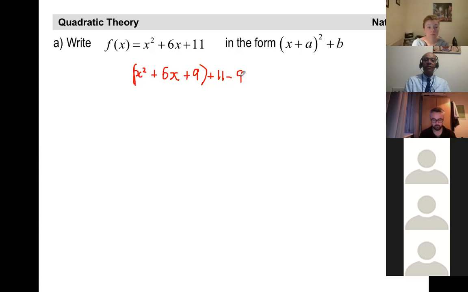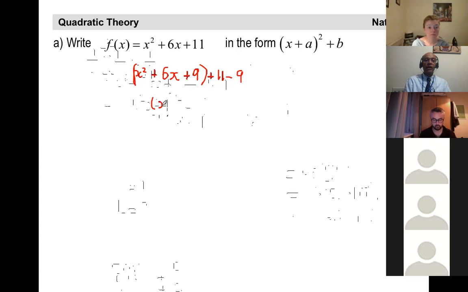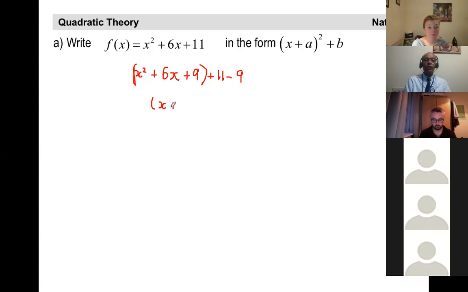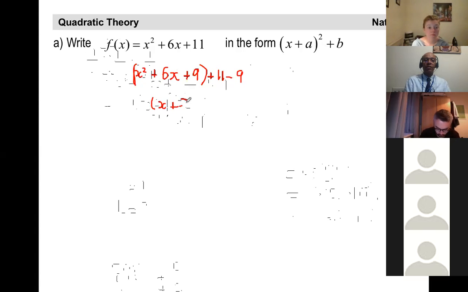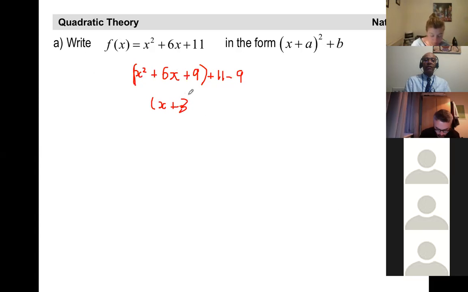Yeah? Yep. And what we said was x squared plus 6x plus 9 is just (x plus 3) squared. You can check it if you want. 3 times 3 is 9. 3x plus 3x is 6x. Plus 11 minus 9 is just plus 2.